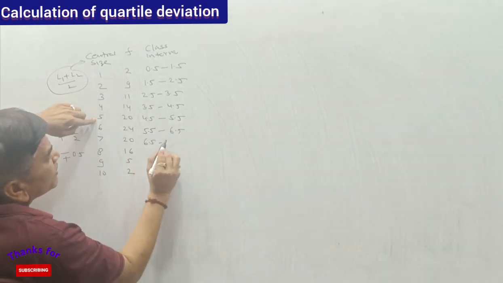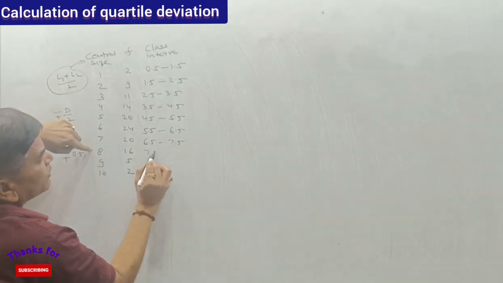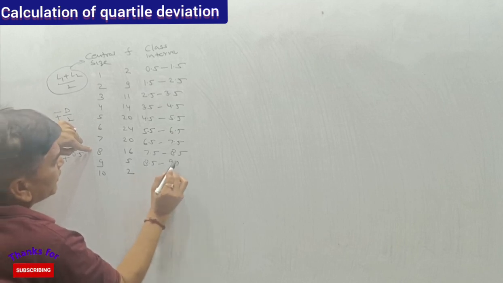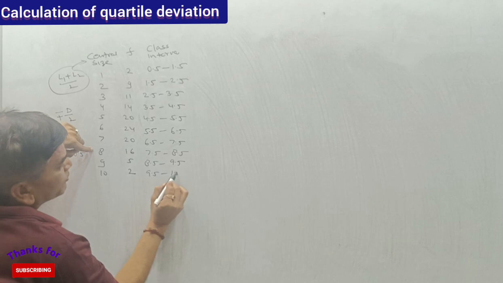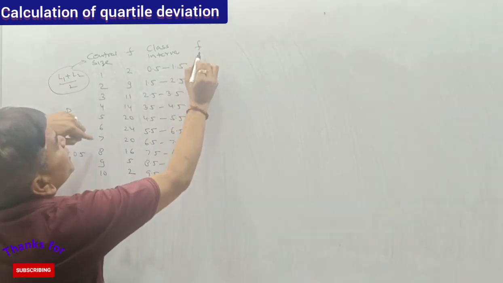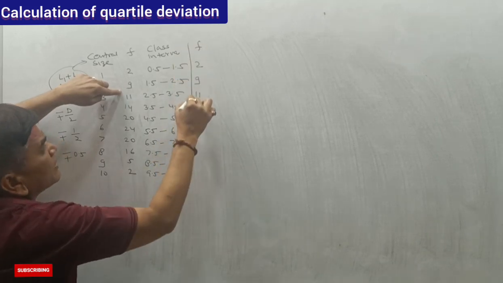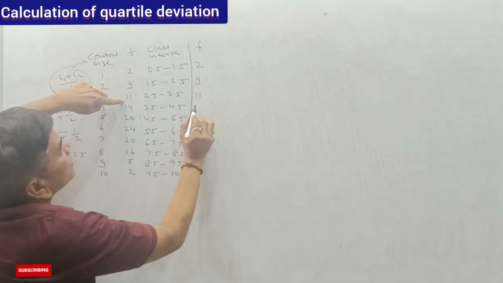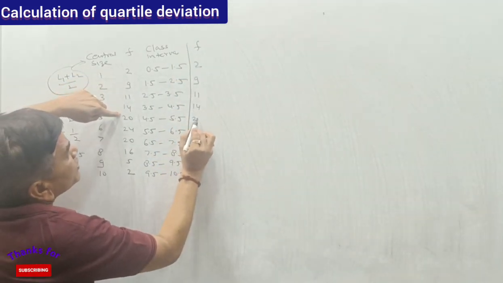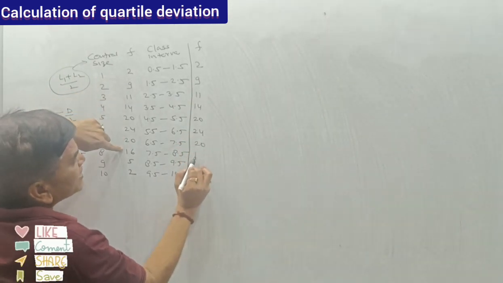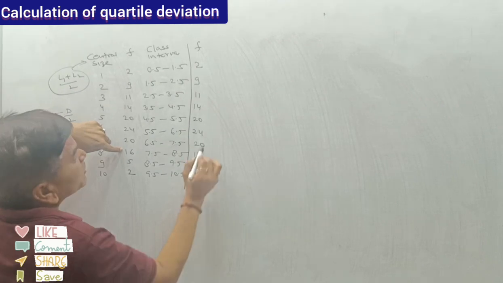This is 6.5 to 7.5, 7.5 to 8.5, 8.5 to 9.5, and the last one 9.5 to 10.5. Here the frequency is 2, 9, 11, then 14, then 20, then 24, then 20, then 16, then 5, and then 2.